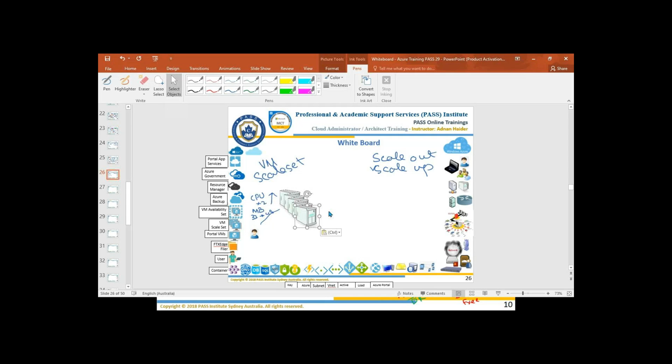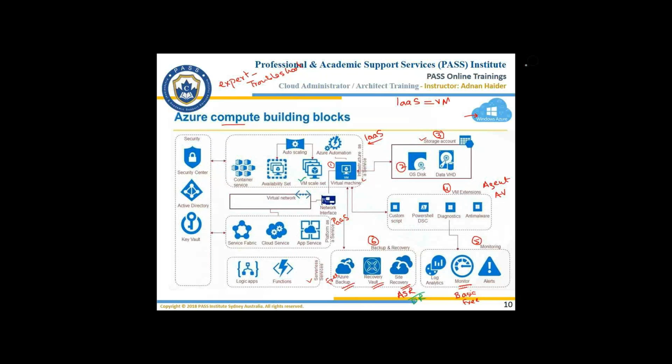So we can scale out and scale up. This is an option provided by VM scale set, and the third option is known as availability set. We can create availability set of these servers as well for high availability.